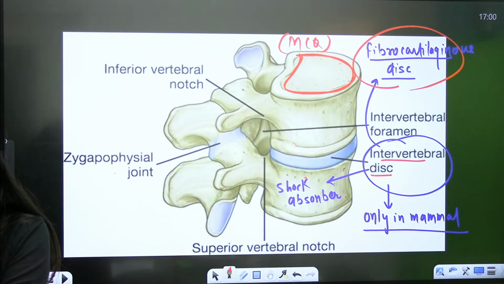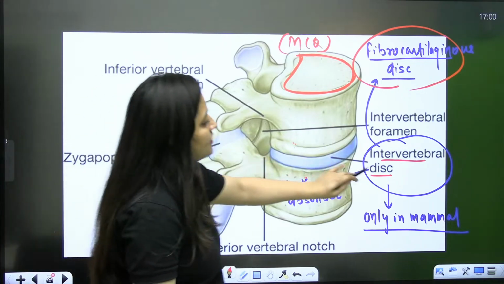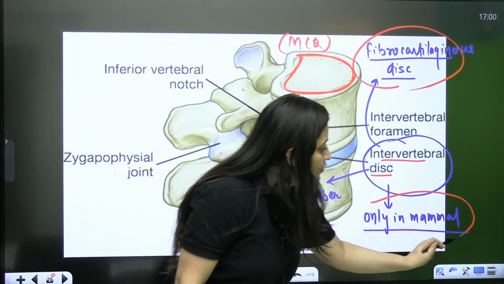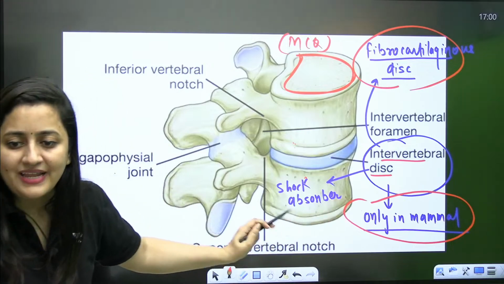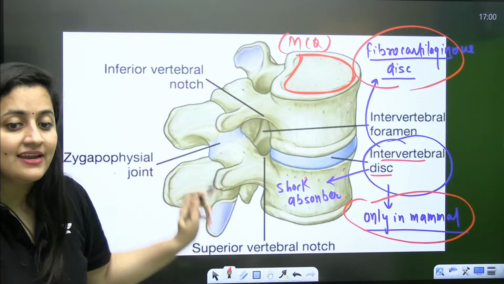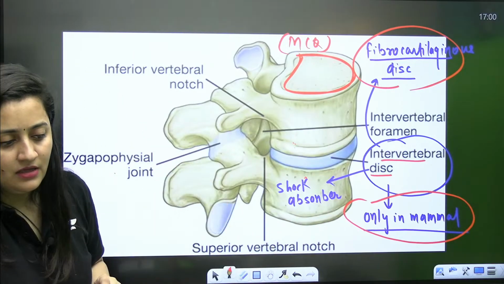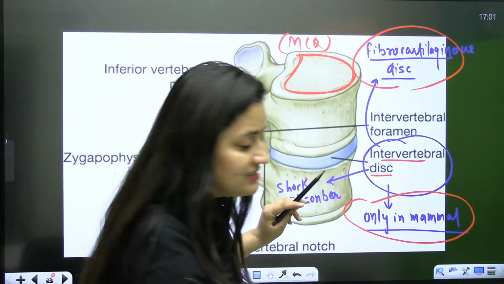They have the intervertebral disc, and this feature is only there in mammals. So please mark it. It is only there in the members of class Mammalia.